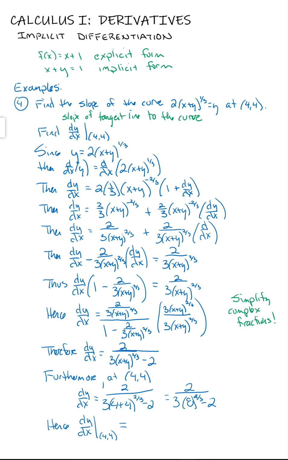The cube root of 8 squared times 3. Subtract that 2. And then reduce that whole fraction. Looks like that's going to be 1/5. So there you go. All right, enjoy.